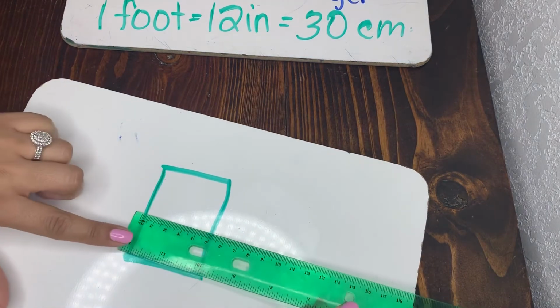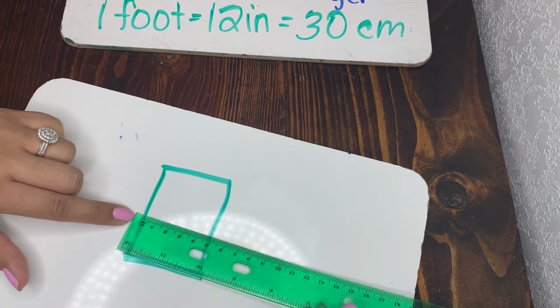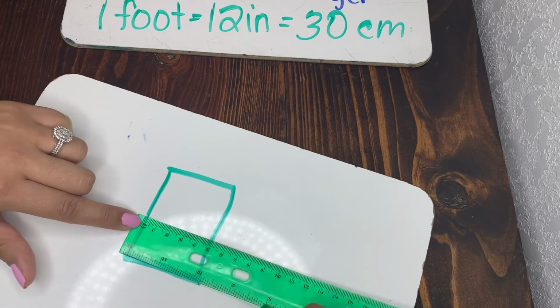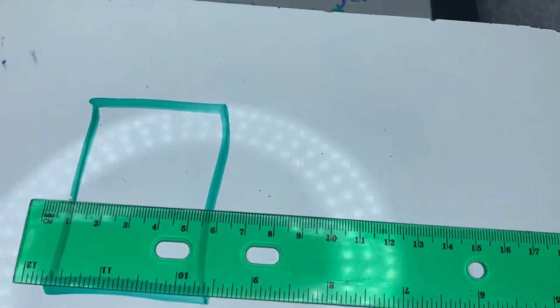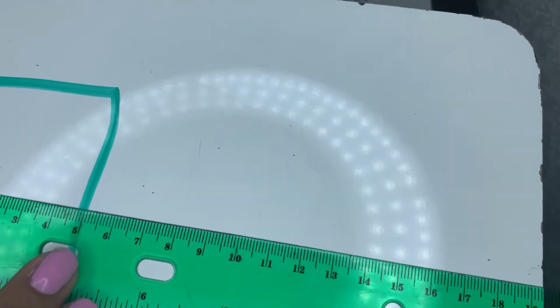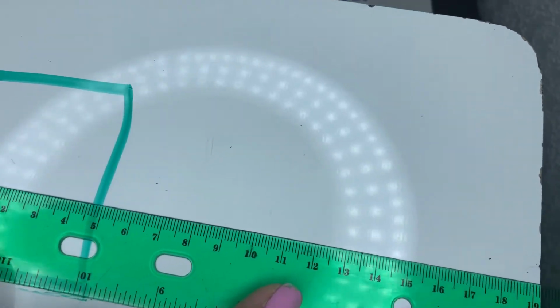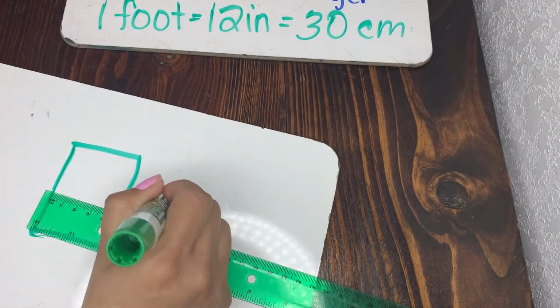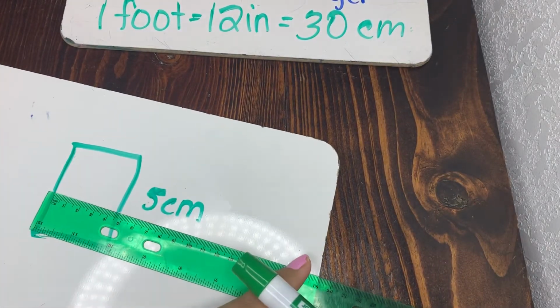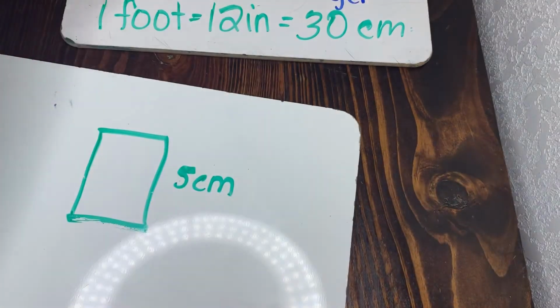You are going to line it up to the first line, not to the very end of the ruler, that first line. Oh, hey, I did pretty good, almost 5. The first line. And it's about 5 centimeters. And that's how you will write your answer.